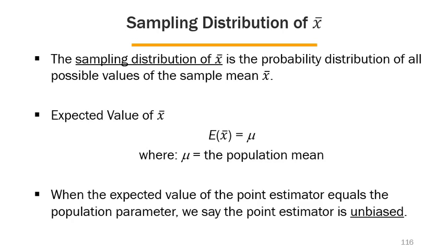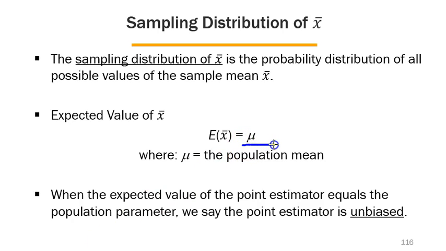So we have a lot of different possible values that could result for x bar depending on the sample that we collect. So the expected value of x bar is mu, right?